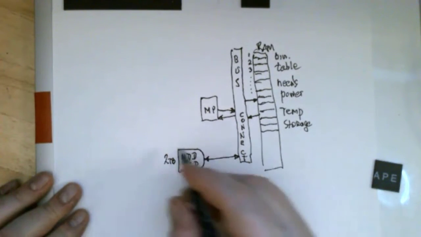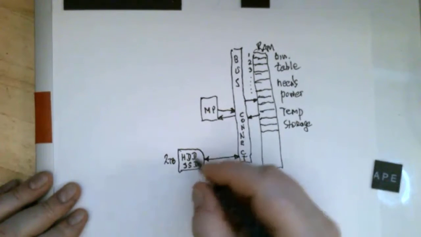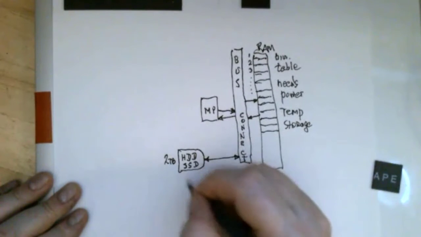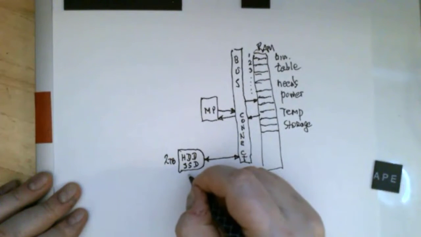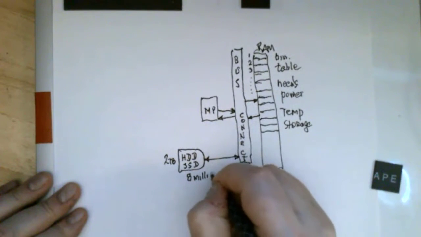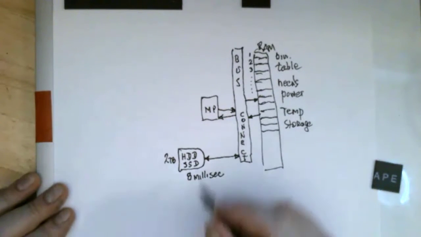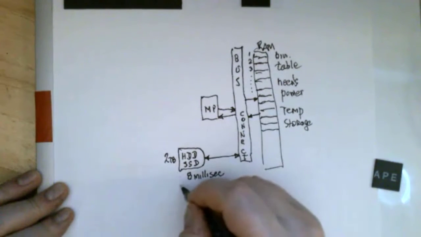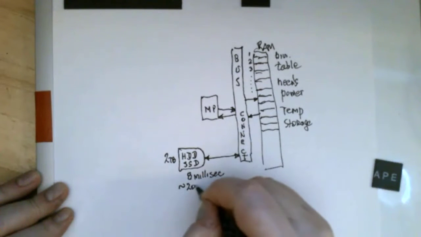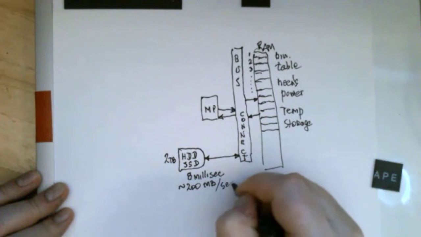Now, what is the speed of the hard drive? I will tell you that a hard drive can work with read-write timing of about 8 milliseconds, which for a contemporary drive is about 200 megabytes per second.